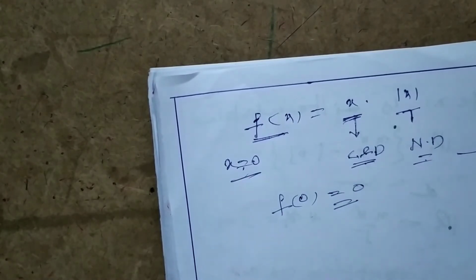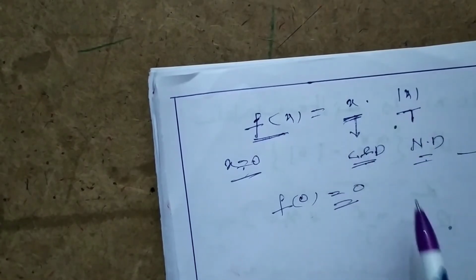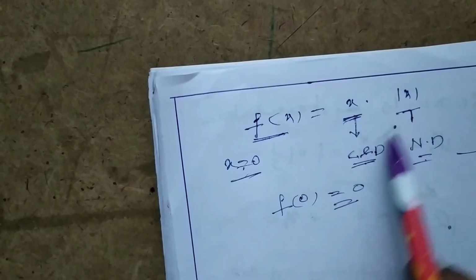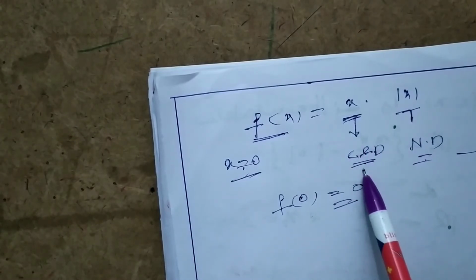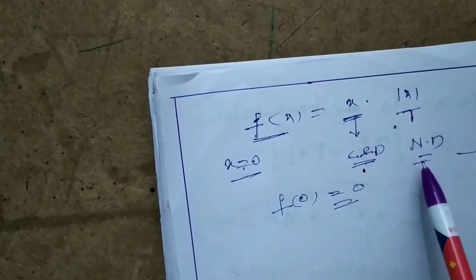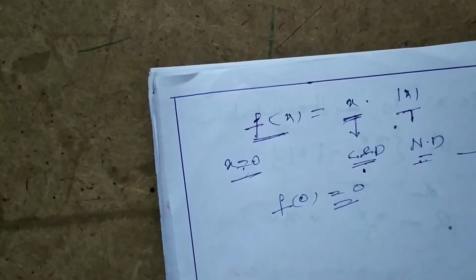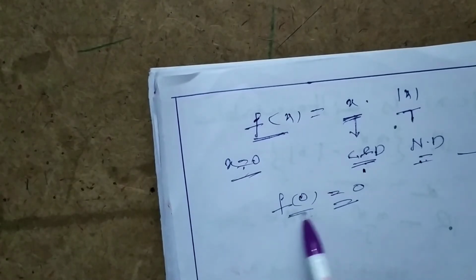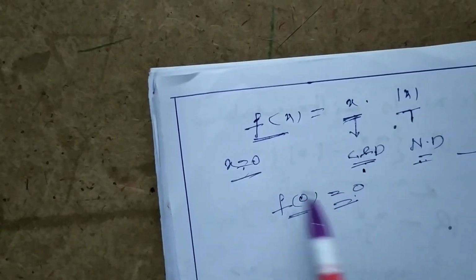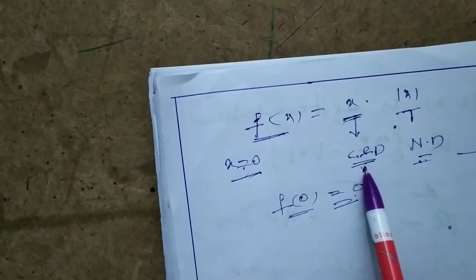Therefore, what can you declare from the above theorem? Whenever a product of two functions is given, where the first function is continuous and differentiable at a point and the second function is not differentiable, then the product will be differentiable whenever the first function at that point is 0. At x is equal to 0, the first function is 0.